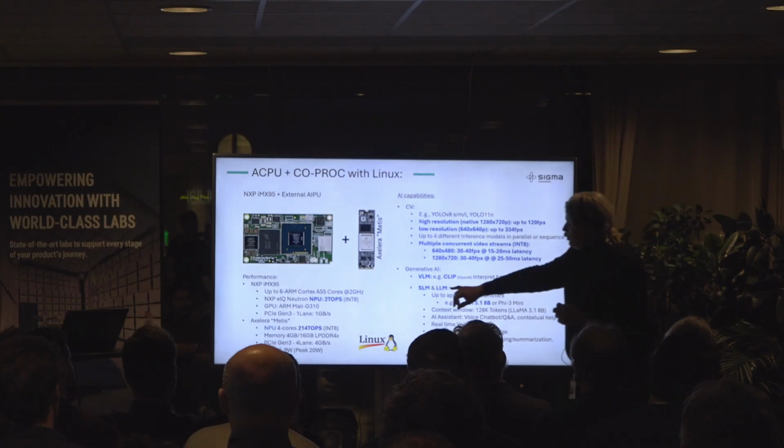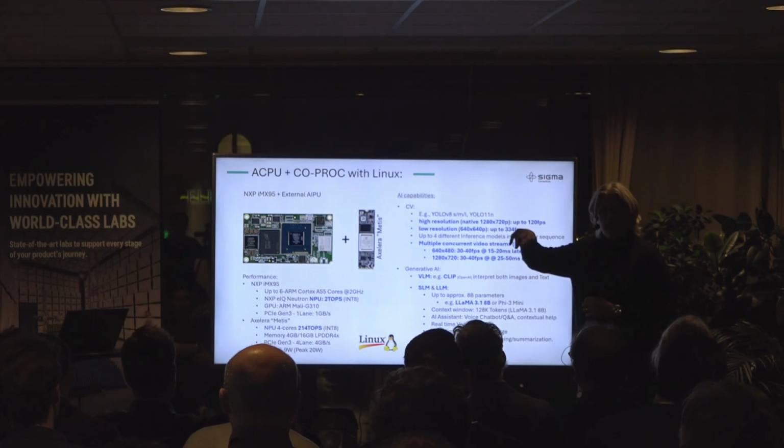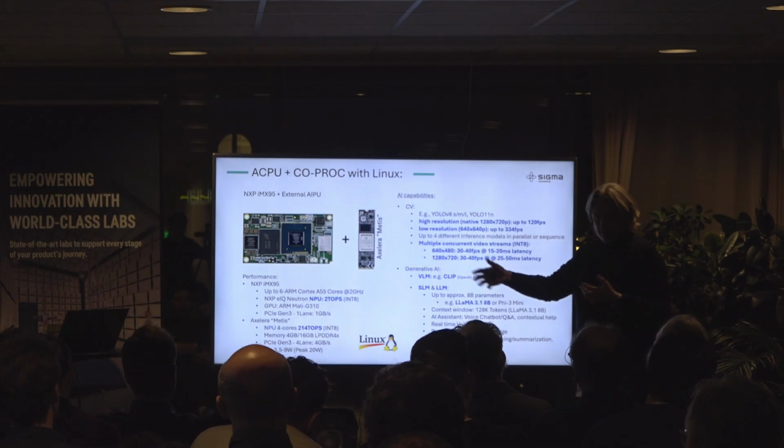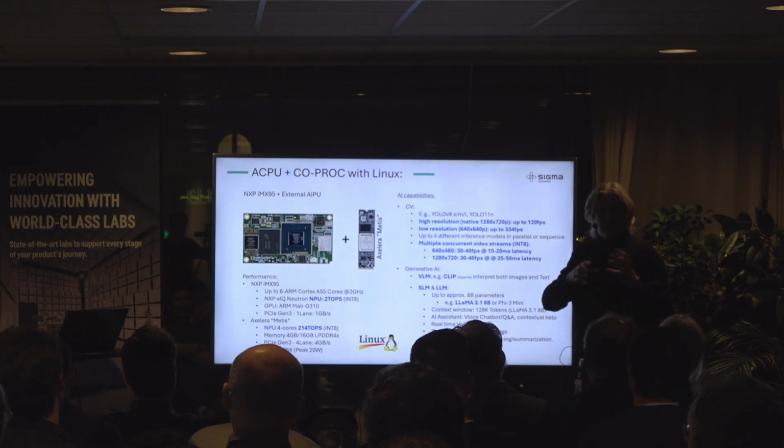We also have the possibility to run a larger language model, but remember that on the prior slide, we had a little limited memory, the RAM. Linux requires memory, and a lot of application processors support maybe up to 16 gigabytes of RAM. Some of them support more, but it's not uncommon to have an 8 to 16 gigabyte RAM limitation.